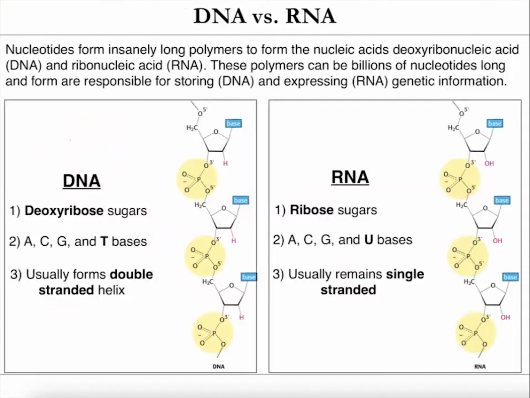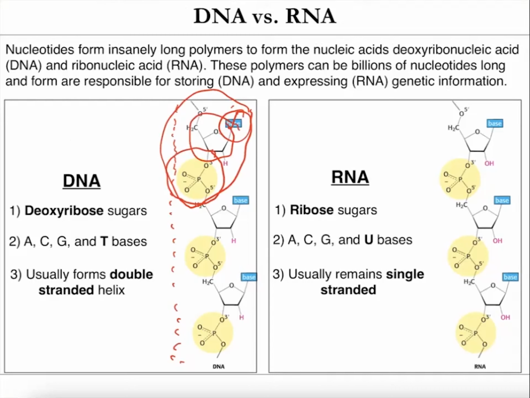So these nucleotides are actually the building blocks, as I've mentioned before, for DNA and RNA. So DNA and RNA are formed from oftentimes very long polymers of these nucleic acids. So each of these is a nucleic acid. The base is just written as base right here, and here's the ribose sugar, and then there's a phosphate group. What will happen is this phosphate group will lose those two extra phosphates and then link onto the ribose sugar of another base.